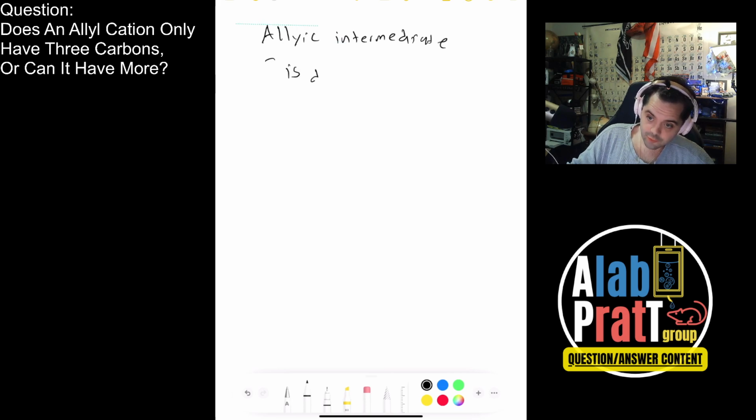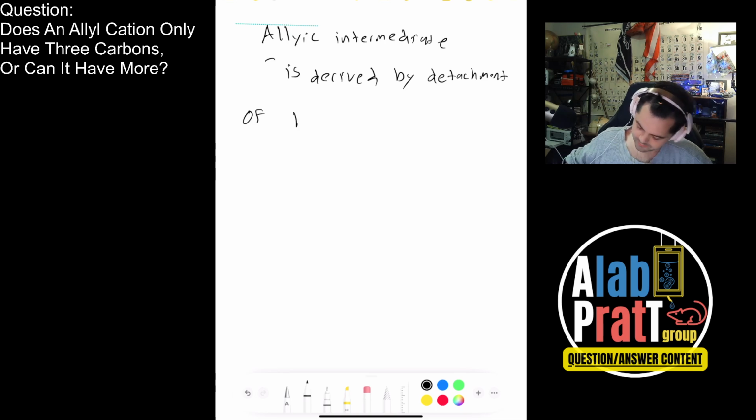is derived by detachment of one hydron, which is H plus, which notice it has no electrons on it. I'm not putting any dots here.